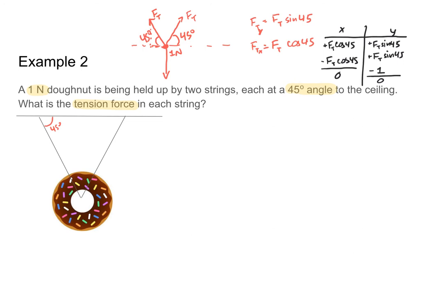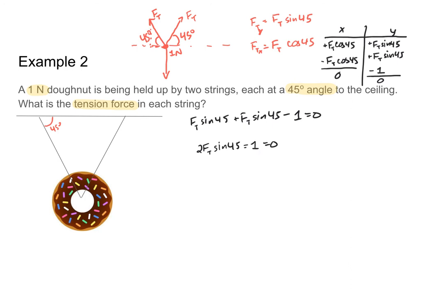Now, I could use the x direction to prove that the tension in each string has to be equal to one another. I'm going to let y'all do that if you're interested in exploring, because it is in the y direction that I will actually find what my tension force is. So in the y direction, I have that Ft times the sine of 45 plus Ft times the sine of 45 minus 1 is equal to 0. What that gives me is that 2 times Ft times the sine of 45 minus 1 is equal to 0.